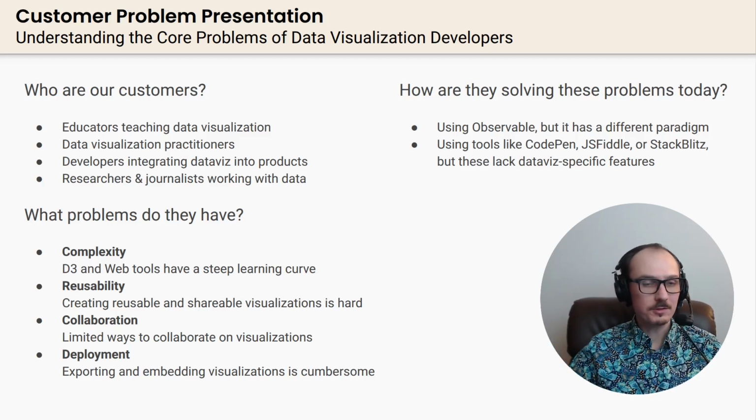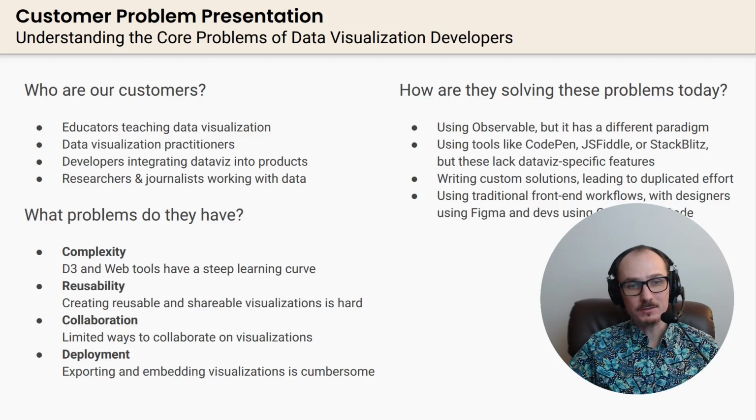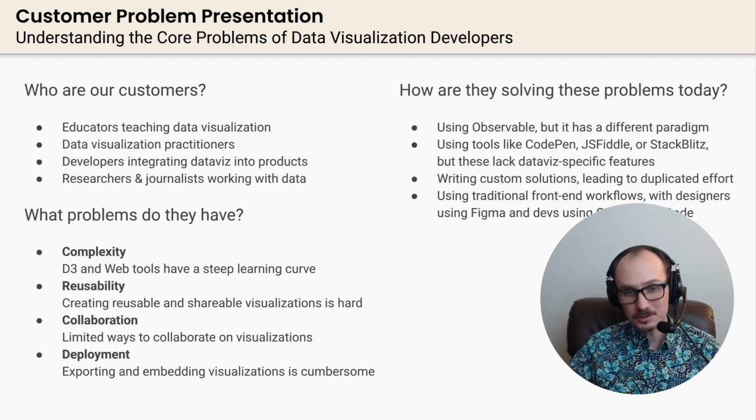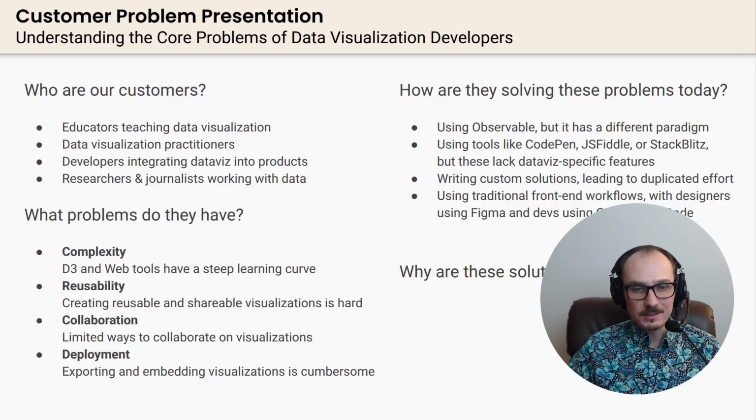Those are sort of general purpose web-based IDEs, but they don't have really DataViz-specific features. And people write custom solutions and duplicate effort across different companies. And also a big part of this is in consulting, which is what I've done a lot of. People just use the traditional front-end workflows and work with designers in Figma. And that works, but it's very technical and involved.